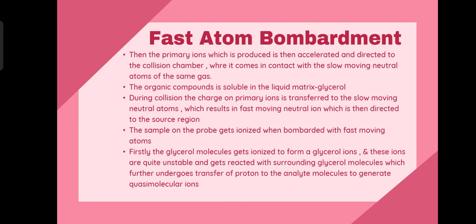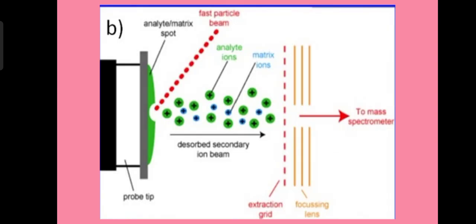A quasi-molecular ion is nothing but the protonated form of the analyte molecules, which will be further accelerated towards the MS analyzer for its detection. I hope you understood the ionization techniques.